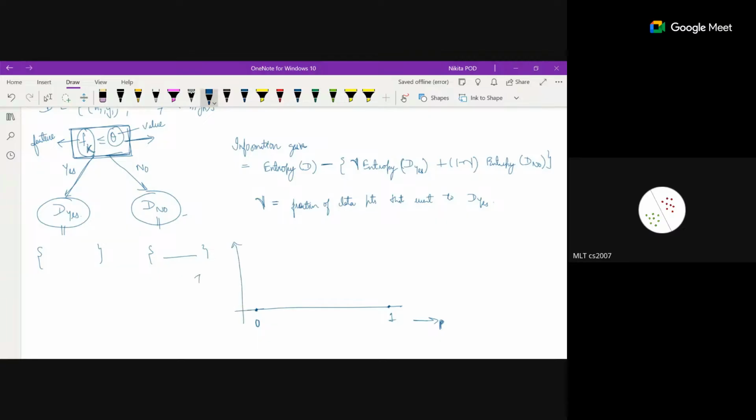So this y-axis here measures the impurity. But at p equal to half is where this impurity is going to be the highest.